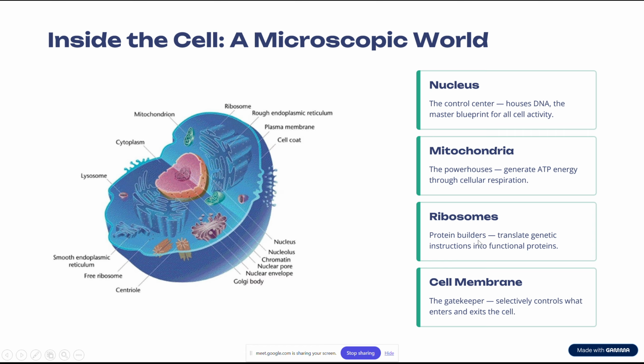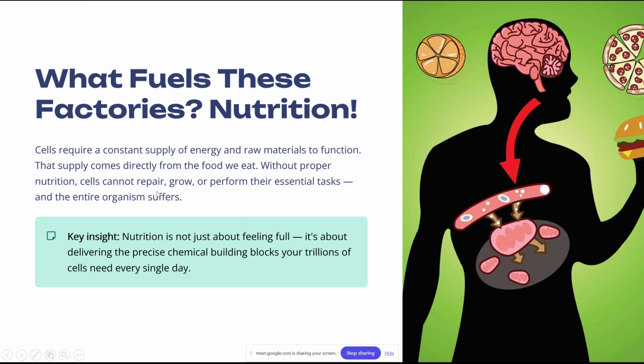Ribosomes, the protein builders, able to translate genetic instructions into functional proteins. And the cell membrane, the gatekeeper, is the outer boundary of the cell. It selectively controls what enters and exits the cell. So that's the gatekeeper.